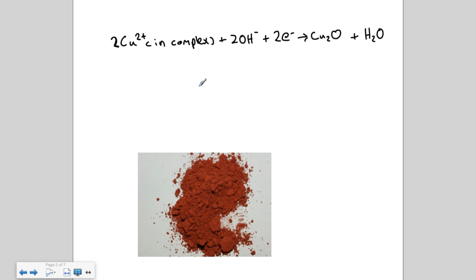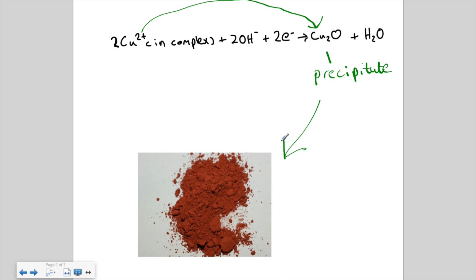Okay, so these copper ions in the solution are in what we call a chemical complex, which just stops them from coming out of the solution as a precipitate too early for our need. If we look at the 2+ here and follow it across to where it goes into the precipitate, which looks like this dark red colour, we can have a look.